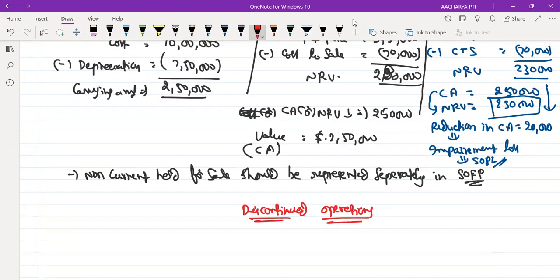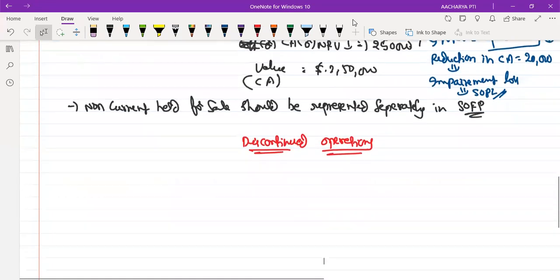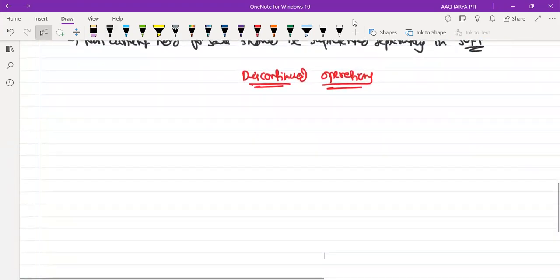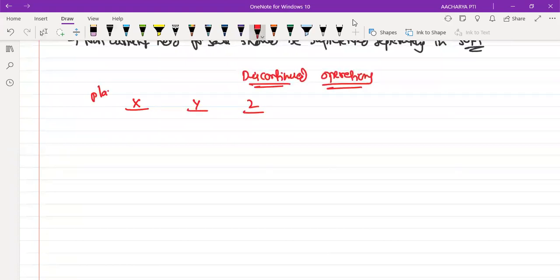Discontinued operations. In the case of discontinued operations, for example, Mr. A has businesses. Suppose there are three major plants, X, Y, Z. X is a profit venture, Y is a loss venture and Z is a profit venture.